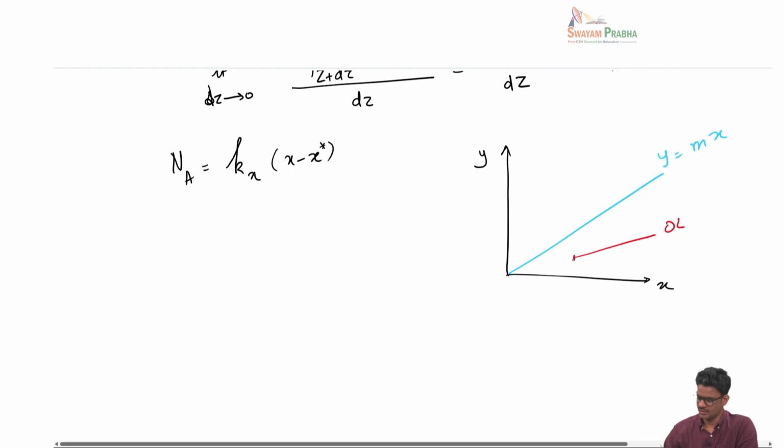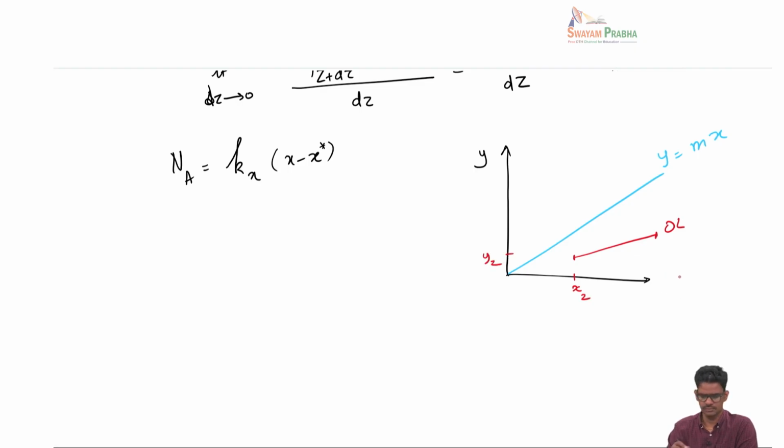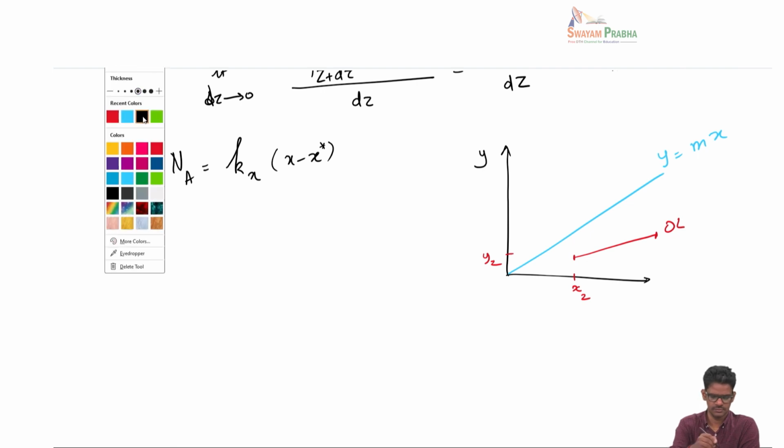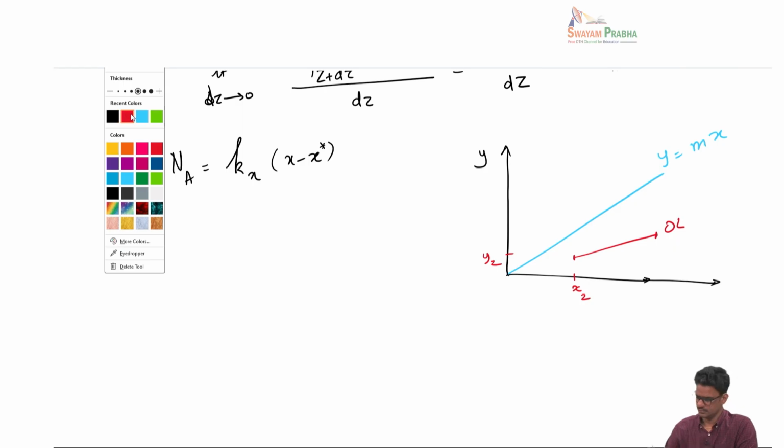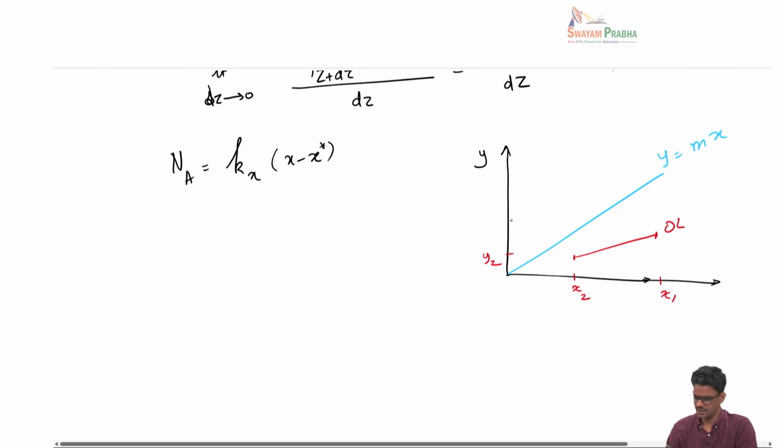So, this is my x2, this is my y2, and this is x1 and this is y1, okay. This is the operating line.